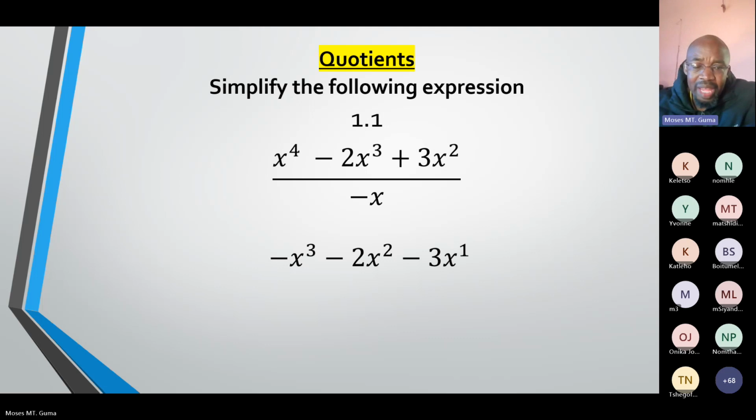Positive 3 divided by a negative 1 is a negative 3. Now I've got x to power 2 divided by x to power 1. Remember, the powers are having the same base, therefore we must subtract the exponents. 2 minus 1 is a 1. Even if you don't write that 1 there, it is still 100% correct.